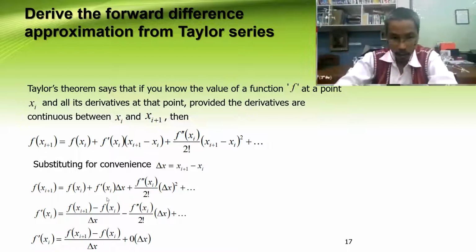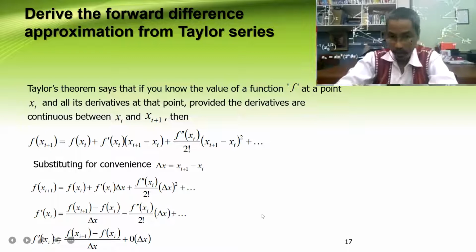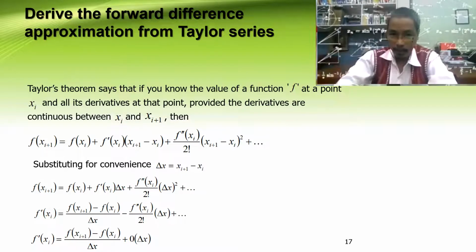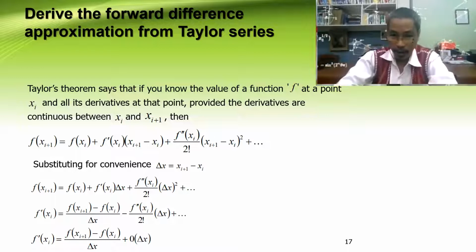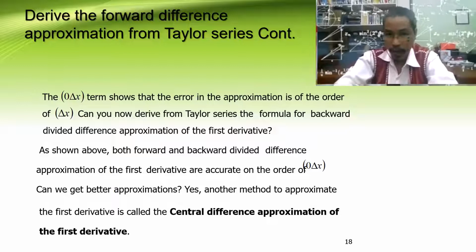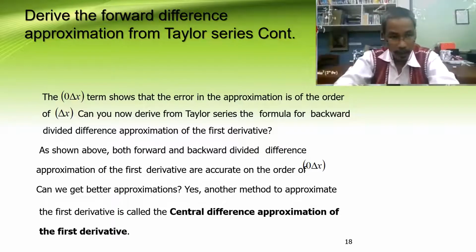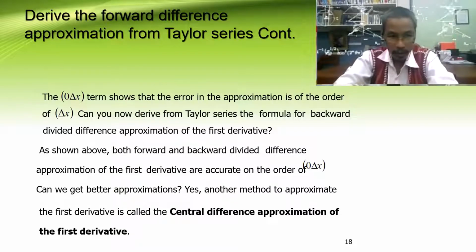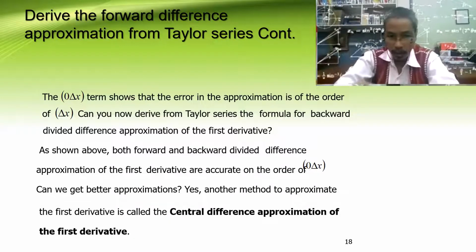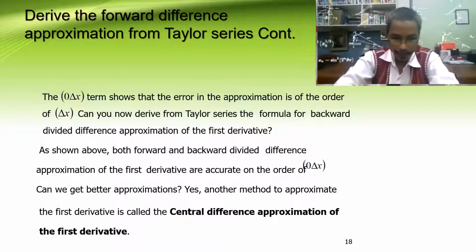That is the reasoning for neglecting these terms. The O of delta x term shows that the error in the approximation is of the order of delta x.